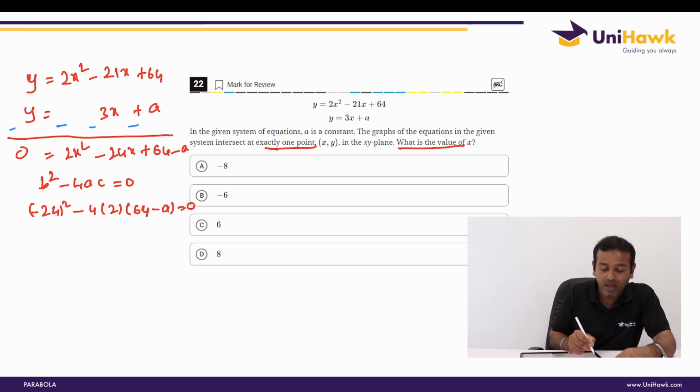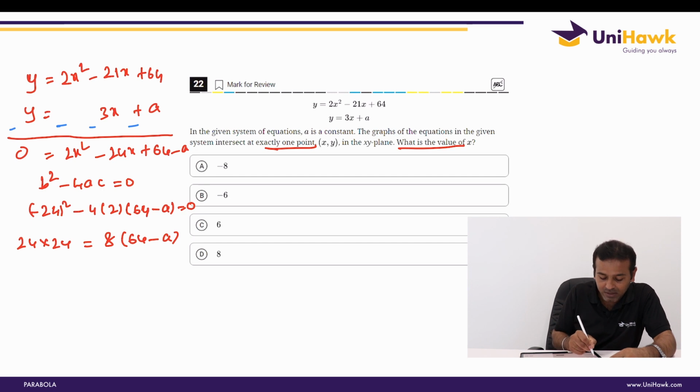So 24 whole square, don't try to find out the value of minus 24 whole square, just write it as 24 times 24, and take this 4 times 2 times 64 minus a to the right hand side. So this becomes 4 times 2 is 8 times 64 minus a.